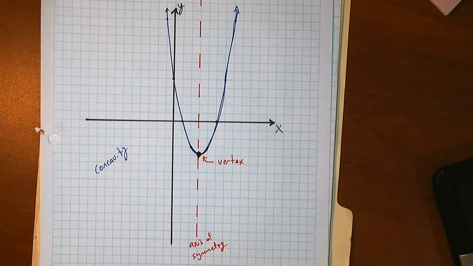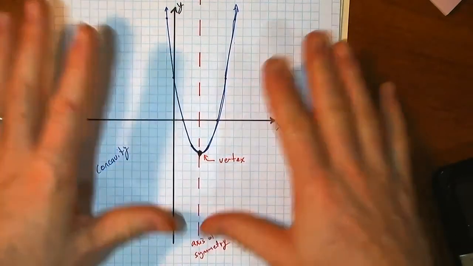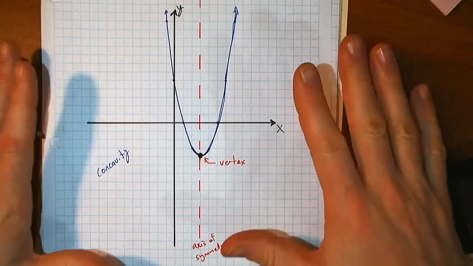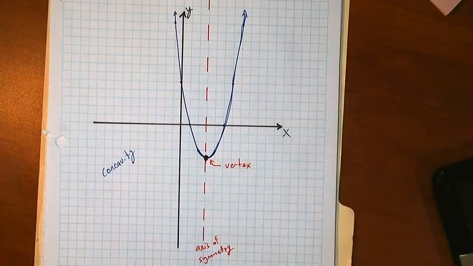In geometry class, when you studied polygons, you might have talked about things that were concave versus convex. When we talk about graphs in algebra class, technically this is analytic geometry, we always call something concave. We never talk about something as being convex.